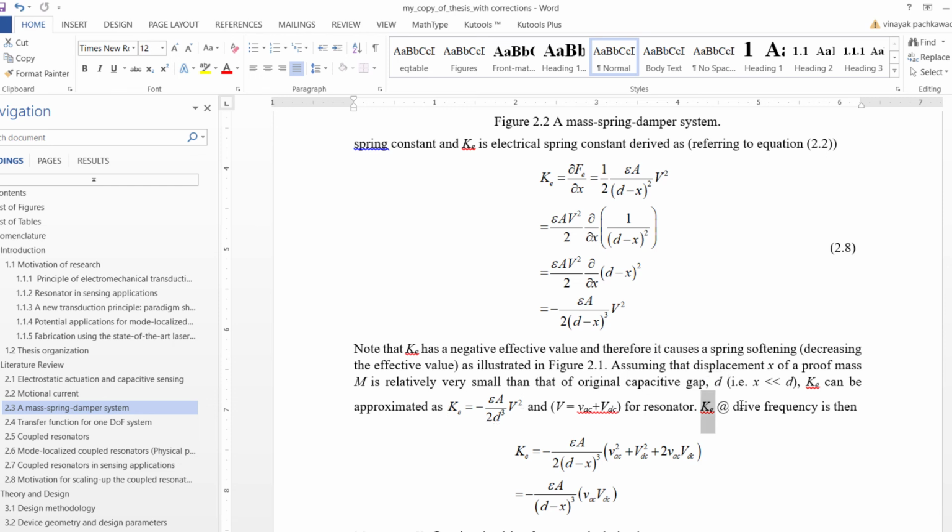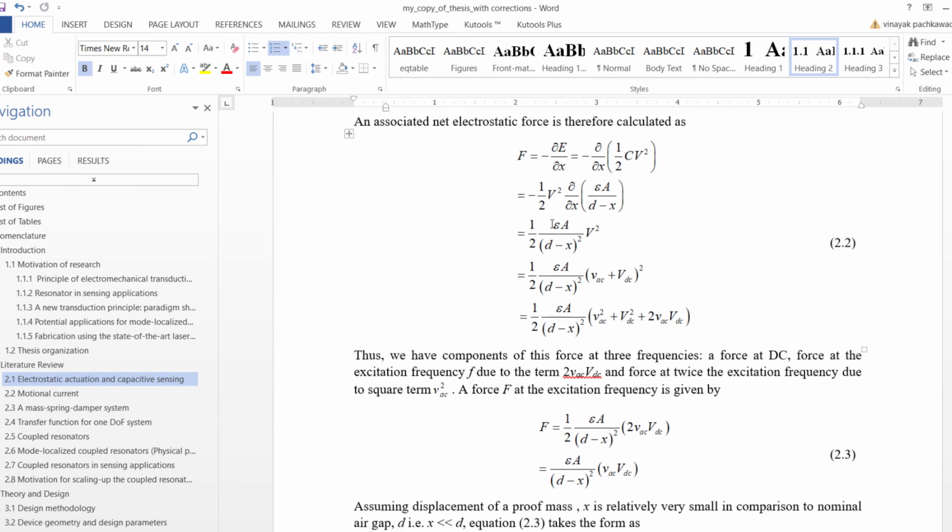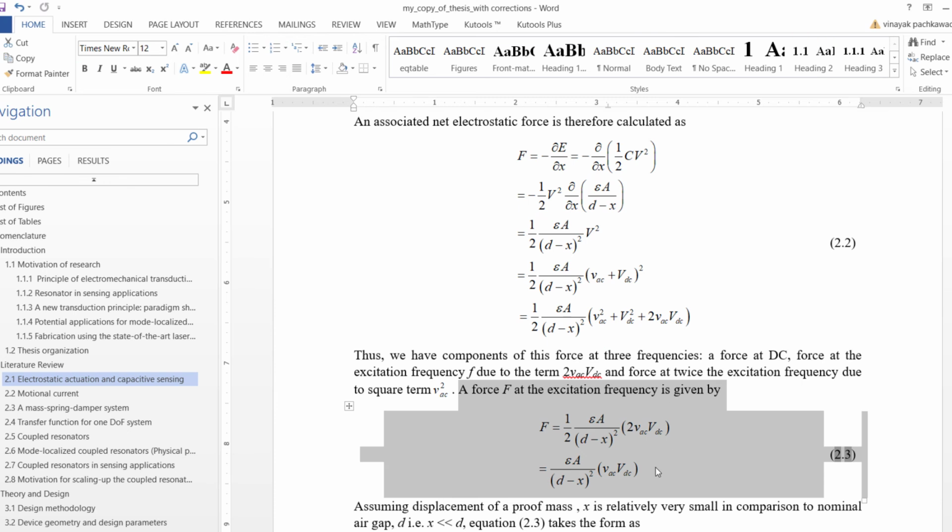Now we can derive an expression of Ke at the drive frequency just the way we derived an expression of force at the drive frequency right over here. This expression we derived from this equation, as we have seen in the previous video.